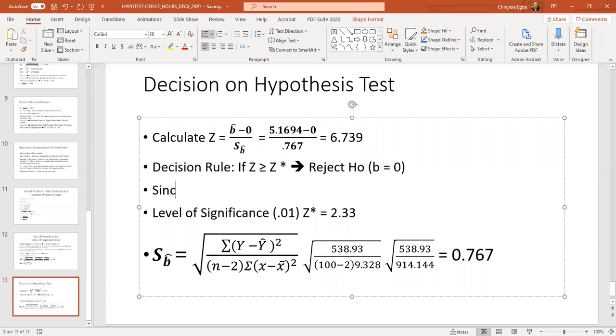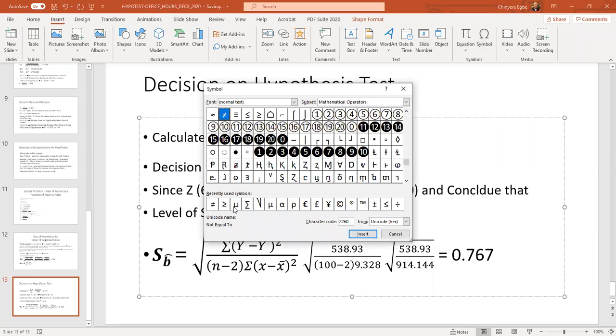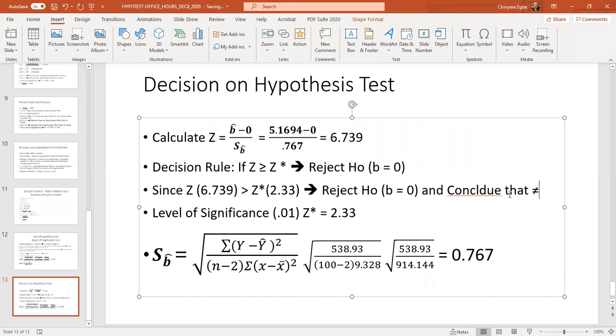Since Z of 6.739 is greater than Z star of 2.33, that means we reject the null hypothesis that B is equal to 0 and conclude that B is not equal to 0. Am I correct?